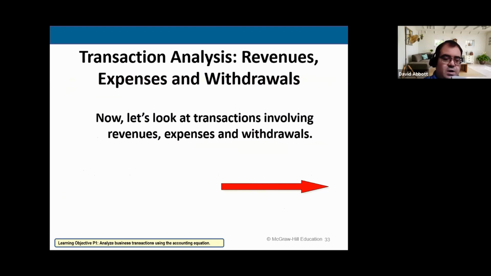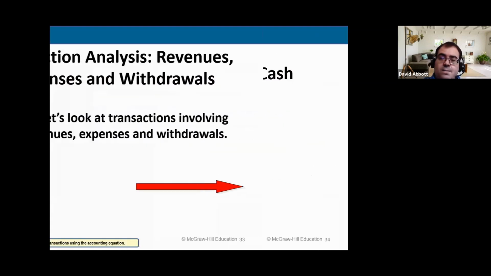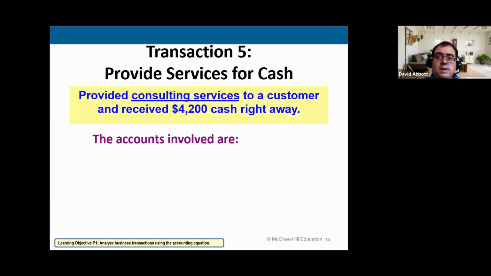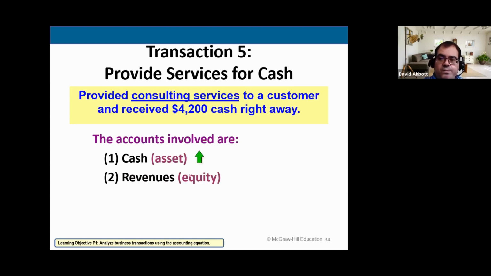So we've looked at that. Let's look a little bit more. So to this point, we've not looked at transactions involving revenues, expenses, and withdrawals. And so now we'll go ahead and talk about that. So let's say that our business is to provide consulting services to a client, and our customer pays us and we receive $4,200 in cash right away. So we see that cash is an asset and we have revenues, which is part of equity.